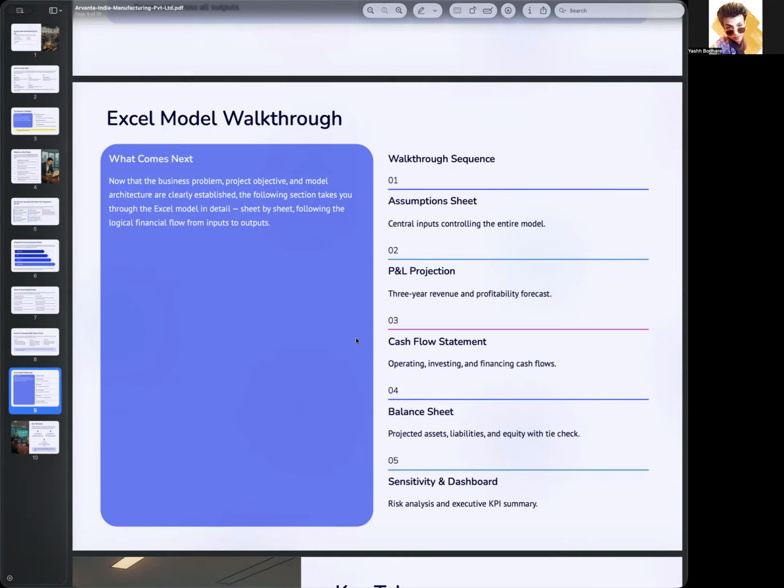We'll then review the cash flow statement and see how profit is converted into actual cash movement. Next, we'll look at the projected balance sheet and automated tie check. Finally, we'll review the sensitivity analysis and executive dashboard to understand the main financial outcomes, risk, and management insights.